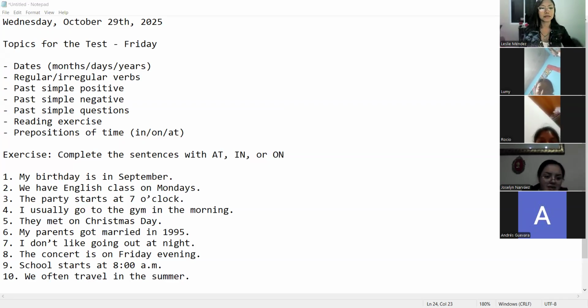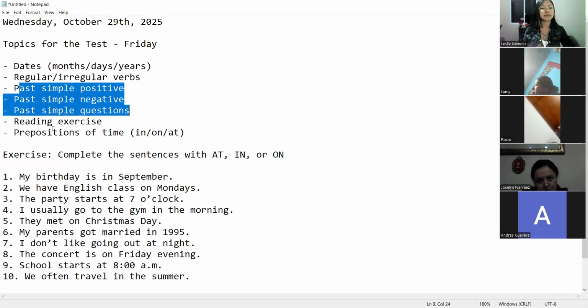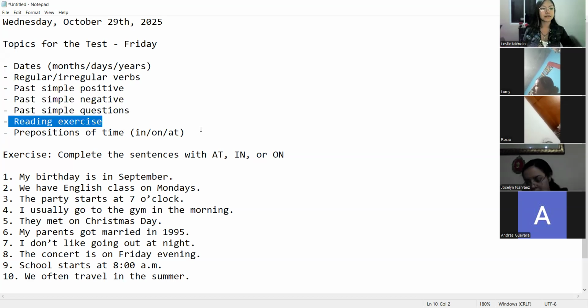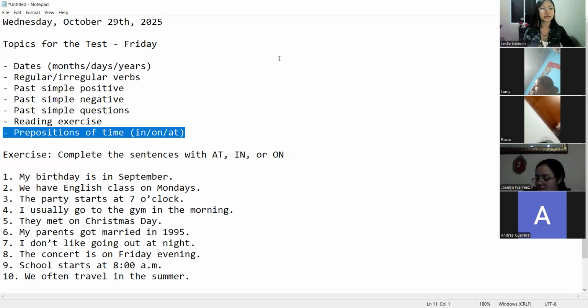If you study, it's going to be pretty easy, right? Ya les mandé todo al grupo, okay? So those are the topics: dates, months, days, years, regular and irregular verbs, past simple positive, negative, and questions, a reading exercise, an exercise of prepositions of time. Very easy, my friends, okay?